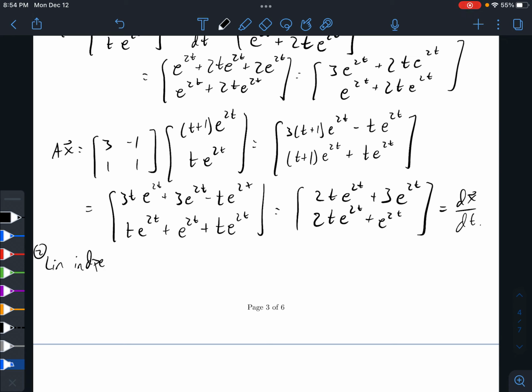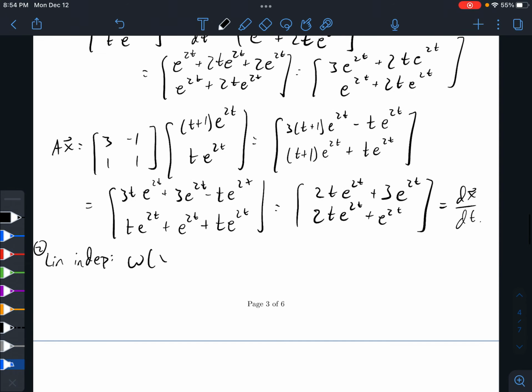And then step 2 is to show that they are linearly independent. We do that by computing the Wronskian of, I'll call them x1 and x2.